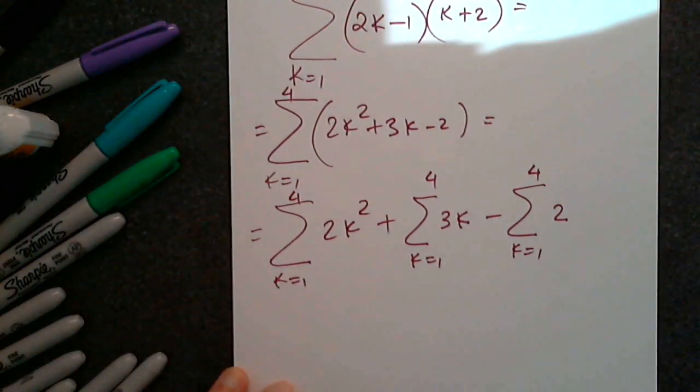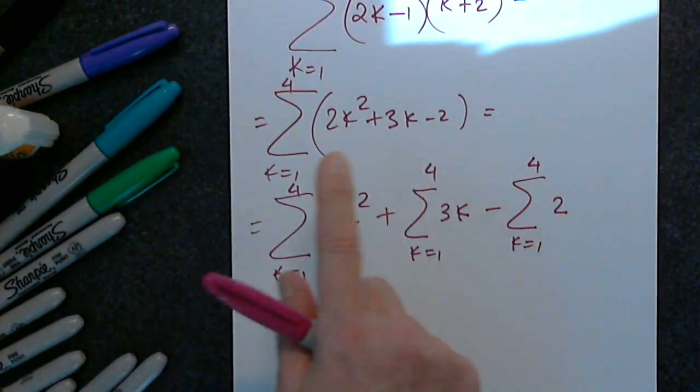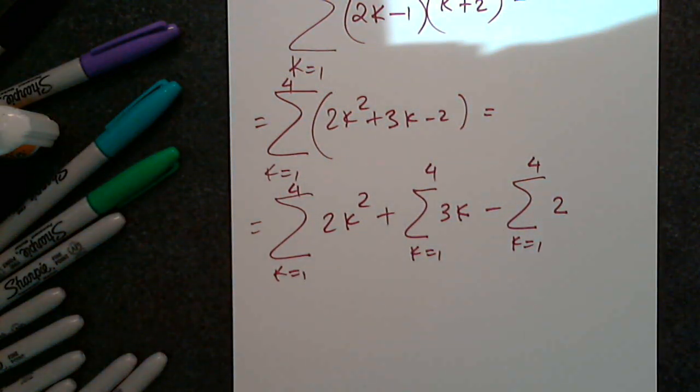What did I just do? I applied the first property that says the sum of three terms can be presented as the sum of the summation notations. I'm not distributing, I'm just thinking. The sum of three terms is the sum of the first plus the sum of the second plus the sum of the third.